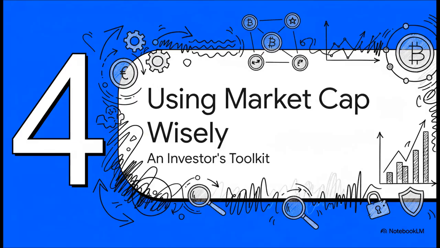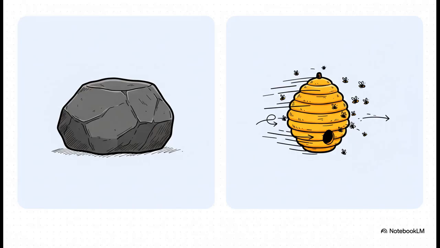So knowing these categories is a great start, but how do we actually apply this stuff? Let's talk about how market cap can be a really practical tool for making smarter choices. See, market cap doesn't tell the whole story on its own. A really important metric to look at right alongside it is trading volume. If market cap tells you how big a project is, trading volume tells you how active it is. A high volume is usually a good sign.